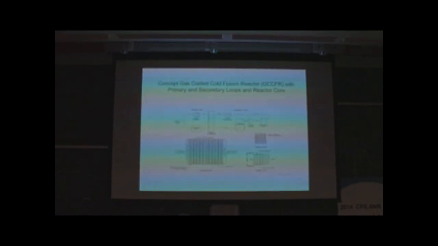Are you using the Menger sponge, metallic Menger sponge, as a conductive cooling mechanism? Is that the objective? No, what I want to do is pass the coolant right through it.